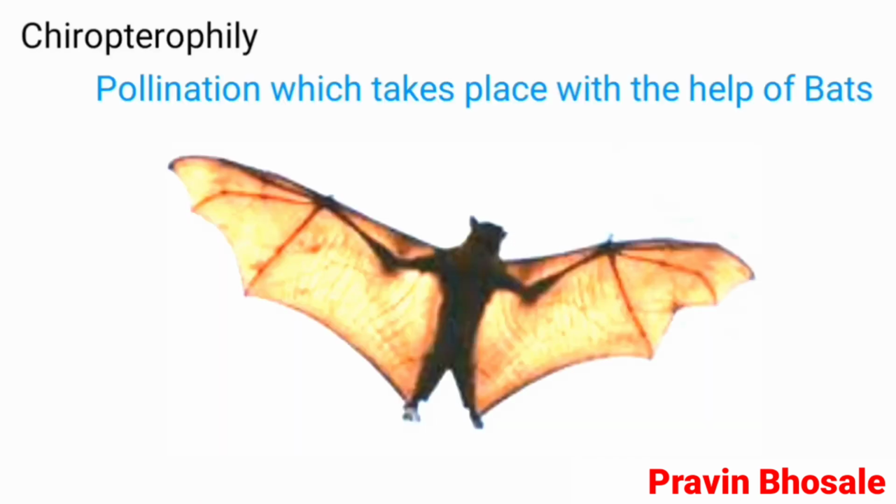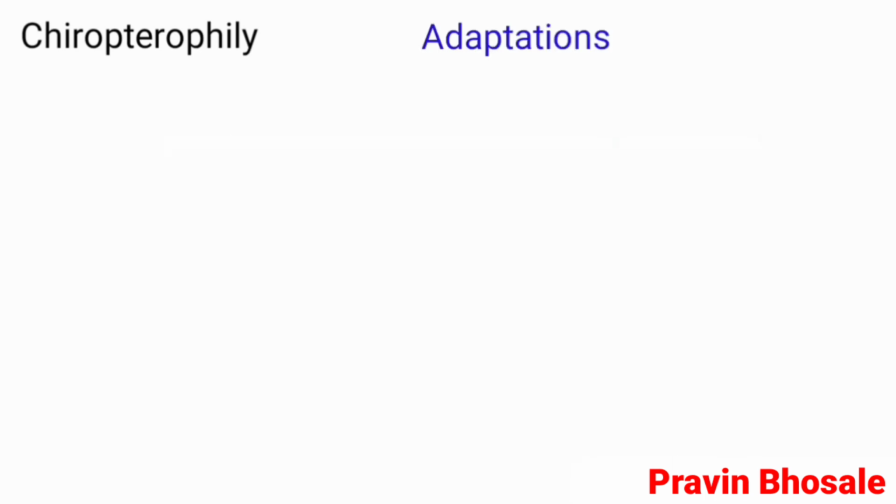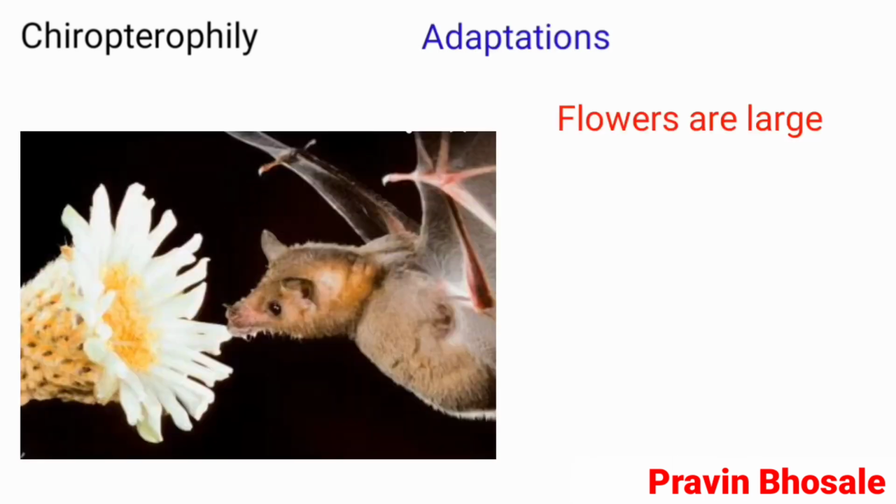Chiropterophily. Pollination which takes place with the help of bats is chiropterophily. Adaptations: flowers are large, stout enough so that the bat can hold on to the flower. Chiropterophilous plants are nocturnal and open their flowers during night time.